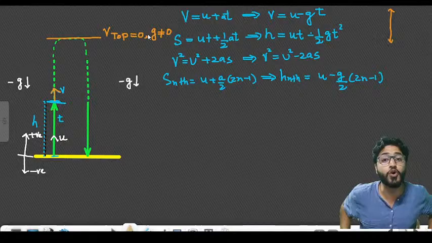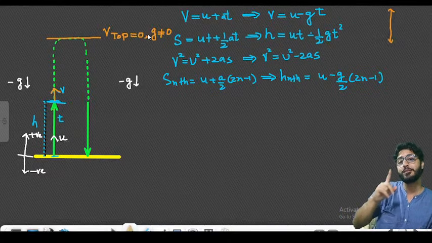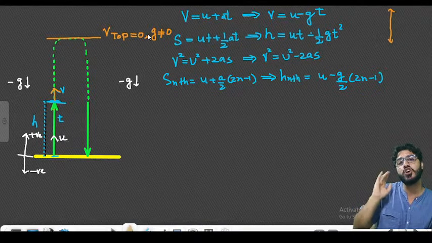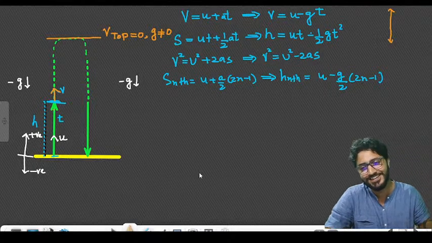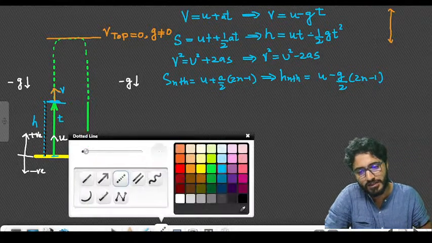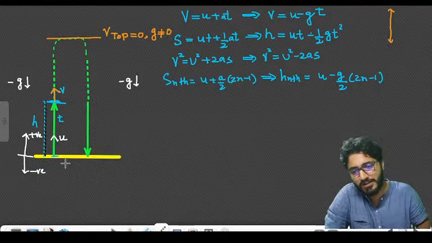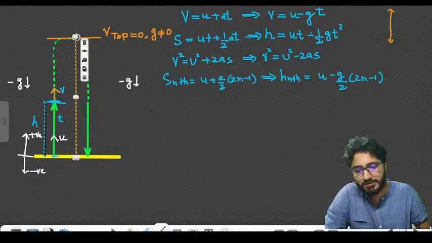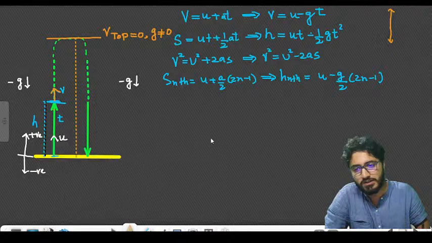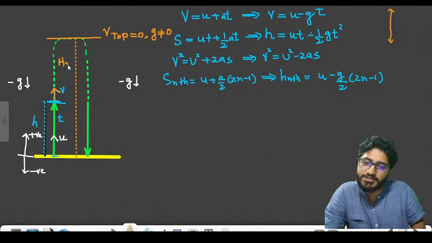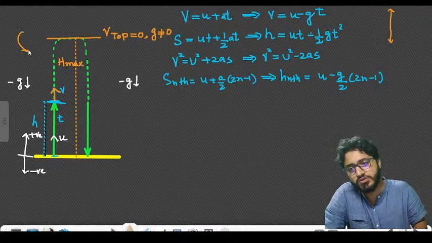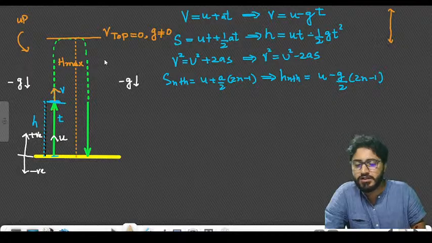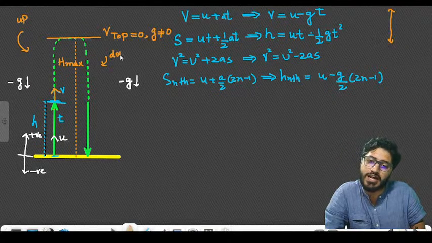So now you will get a new question: is it possible that my velocity is 0 but my acceleration is not 0? It is possible, and here you got the proof. This is the height, and this is my h max, the highest value of h. This part is known as up motion and this part as down motion.